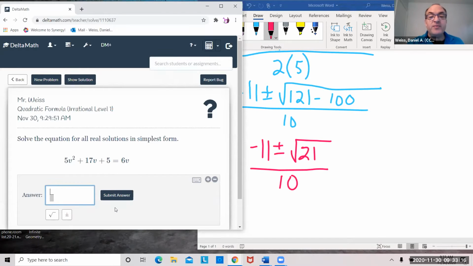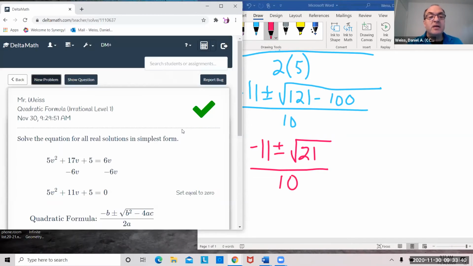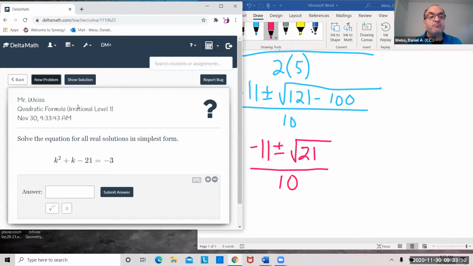So you type negative 11. You click on the plus or minus, and then, whoa, I didn't want to, plus or minus square root 21, and then go to the bottom, 10. Okay? Yes. Hey, and that's how it works. Okay? Let me do one more with you. All right. Easy enough.